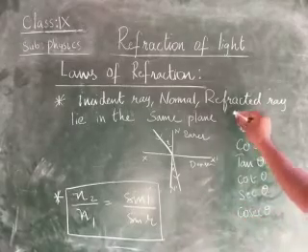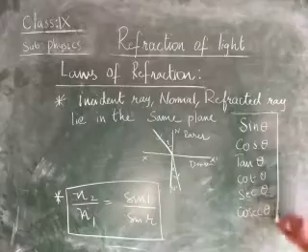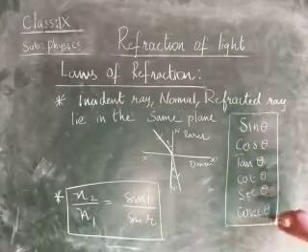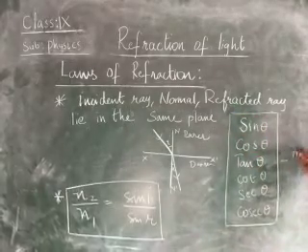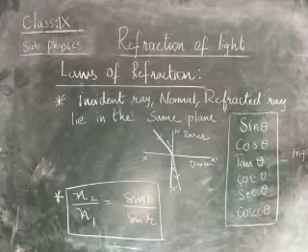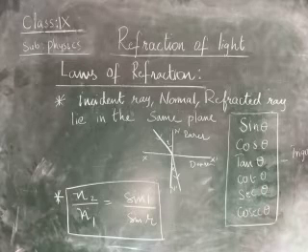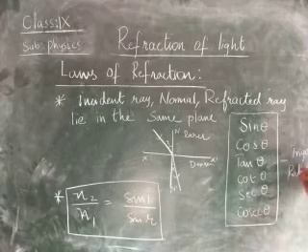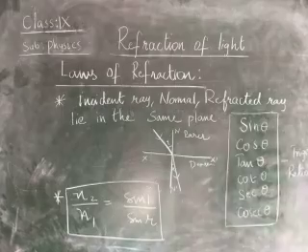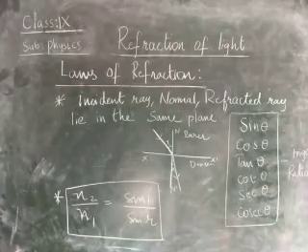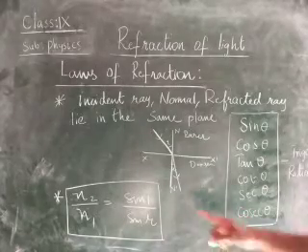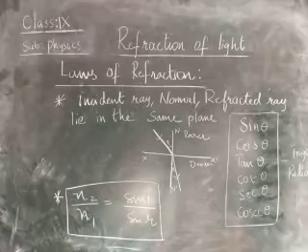These are called trigonometric ratios. Based on this, we are writing sin i by sin r, children.